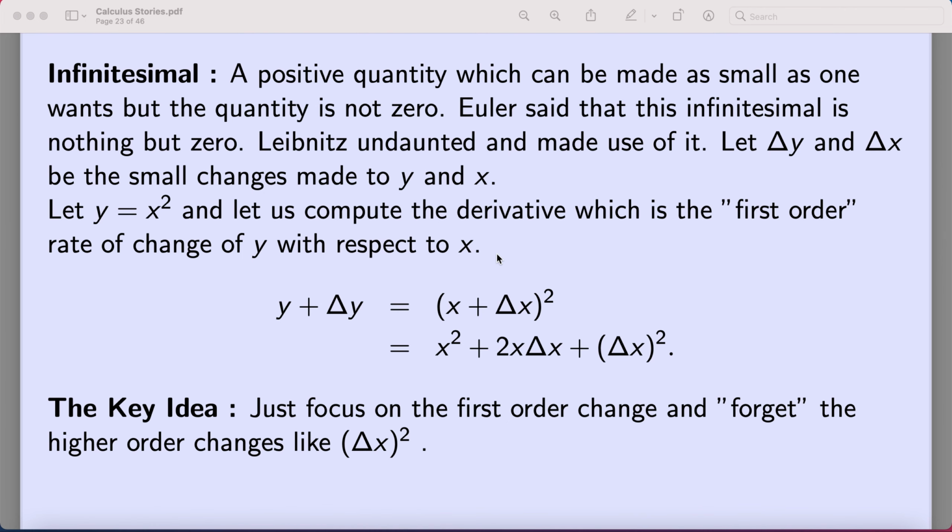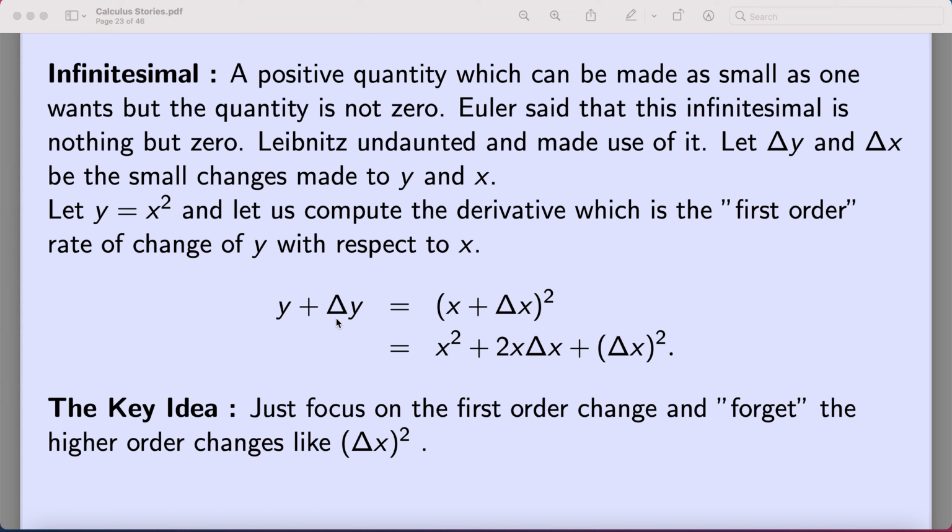So when you had x plus del x, what is the change in the value of y, the change in the functional value? It is f of x plus del x minus f of x, which is y. So delta y is f of x plus del x minus f of x, which is y.